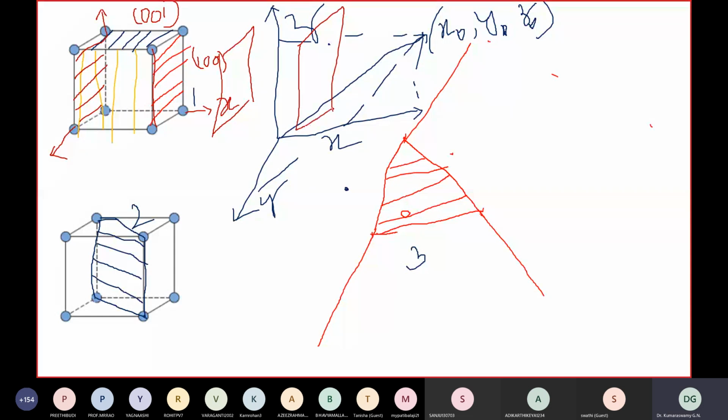All these are called 100 planes. You don't have to worry about the origin. You want to define this plane, fix origin here. You want to define this plane, fix origin here. They're all same, right? They are called parallel planes. So they're all called 100 planes. Any doubt?